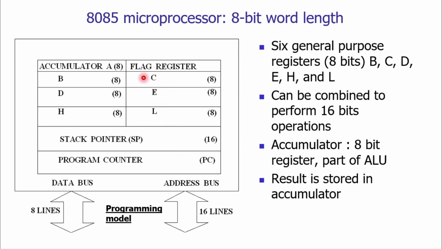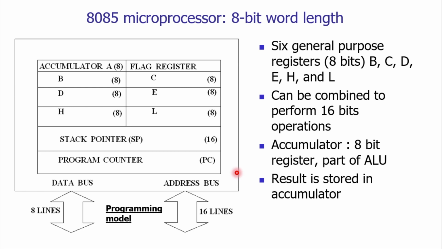In addition to the general purpose registers and the accumulator register A, we have a flag register. The flag register gives the status of the result. It has various flip-flops, and by setting and resetting these flip-flops, we can give the status of the result.